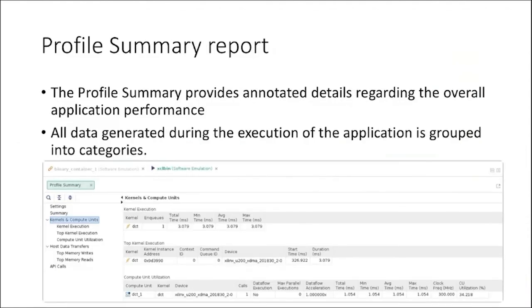And the profile summary provides details on the whole application performance, like hardware usage or some latency information. I'm not sure why it's not clear here, but you can see something like lookup tables.